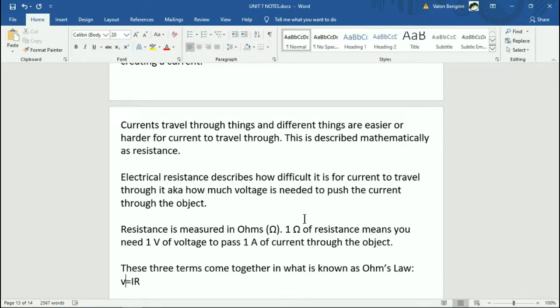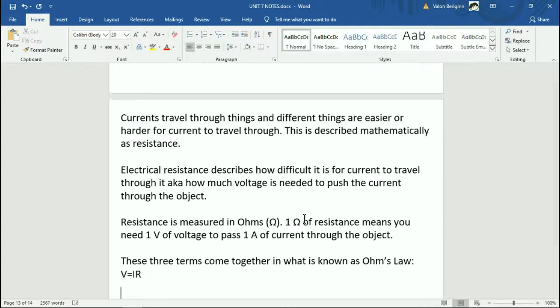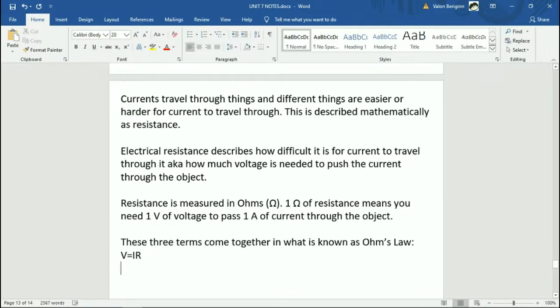Now, just to clarify what all these stand for. Well, V should be pretty obvious. V is your voltage in volts. R, you could probably guess, is your resistance in ohms.